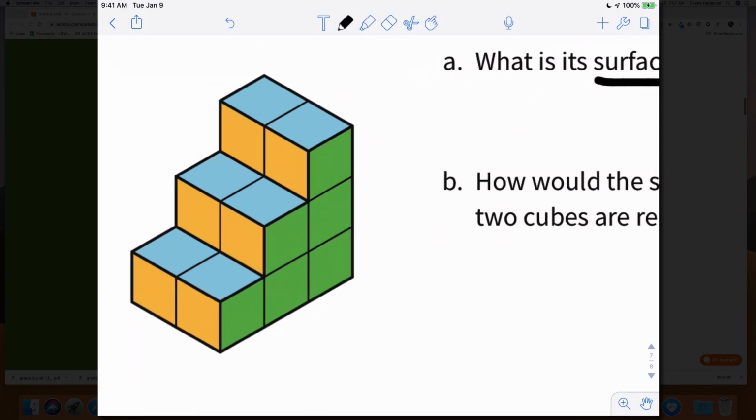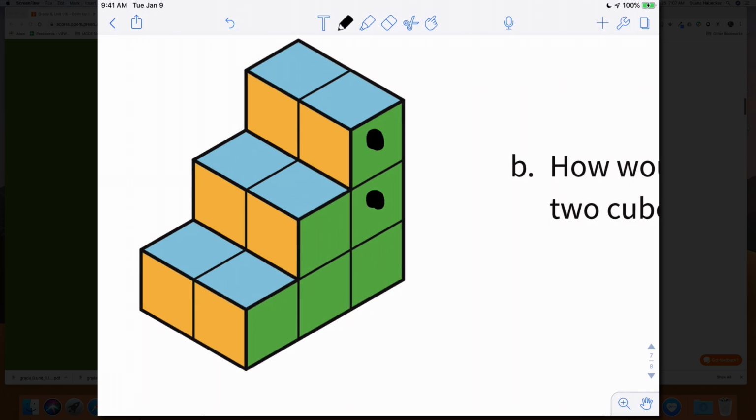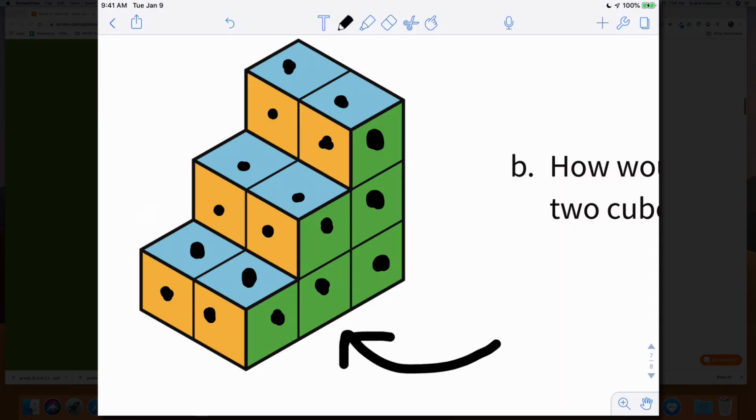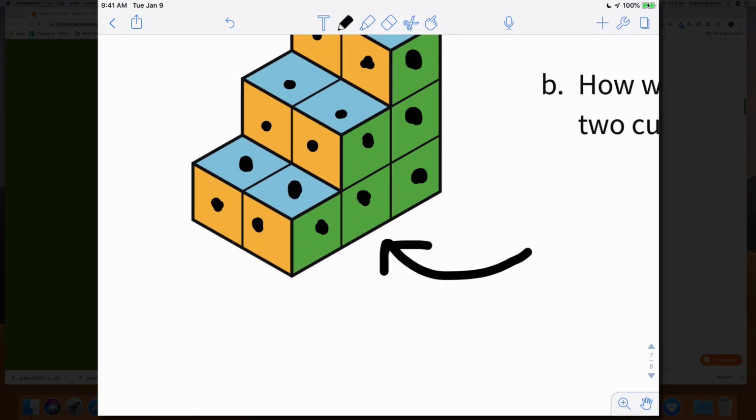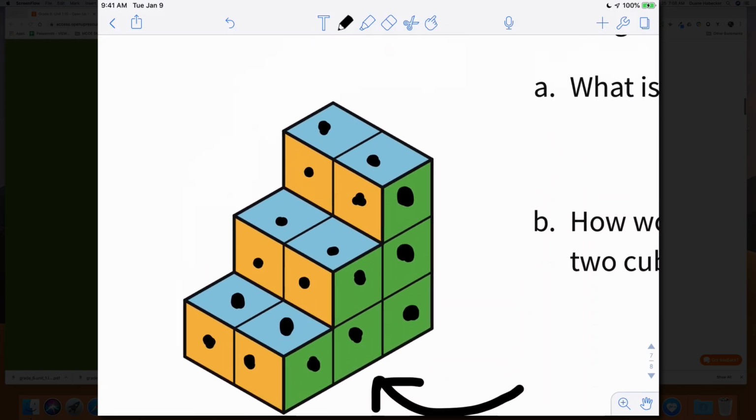Well, surface area is when we're counting all these little square units that surround the prism, or this figure, let's call it. And don't forget, we also have to count the little square units on the bottom that we can't see, and on the back that we can't see, and on this back that we can't see.